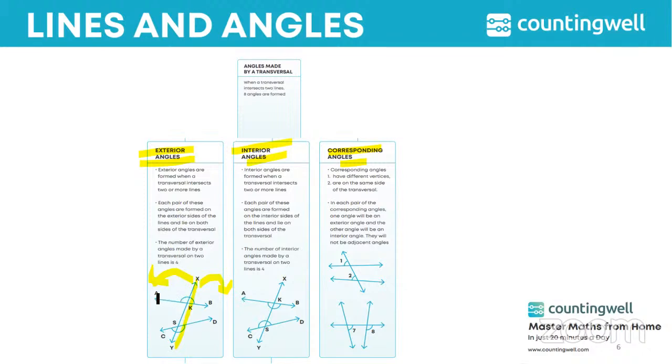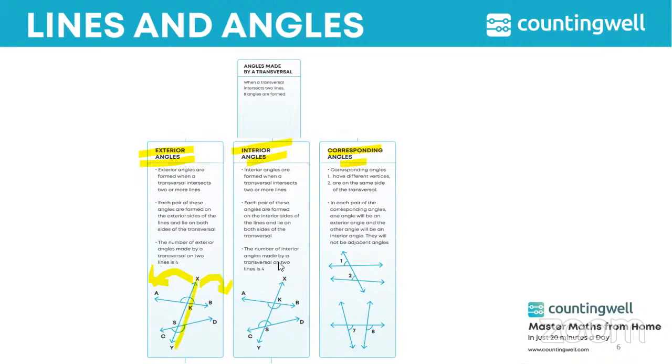So you have angle AKX, angle XKB as exterior angles. Also CSY and DSY as exterior angles. Note that the number of exterior angles made by a transversal on two lines is 4. So these are the exterior angles.